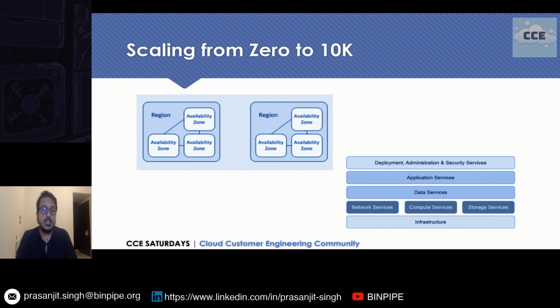All right, so coming back to the concept of regions and AZs, well, here you can see on the left-hand side, we have, say, a region, and within it we have multiple availability zones. And as I said, all the AZs are fault tolerant. Like if AZ1 fails, AZ2 and 3 would not necessarily fail.